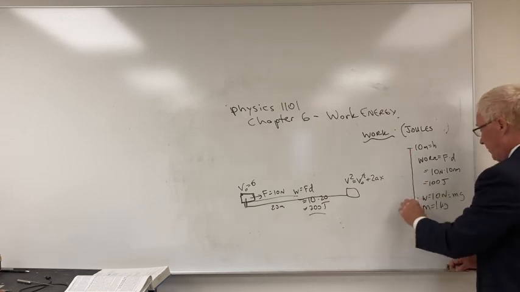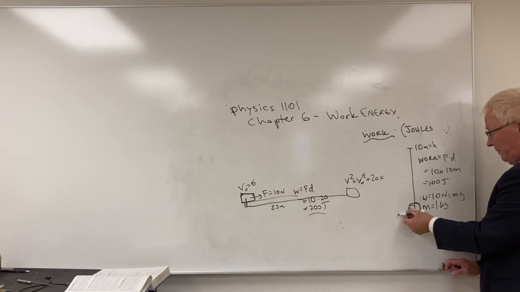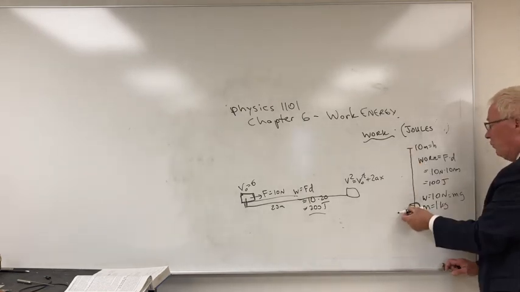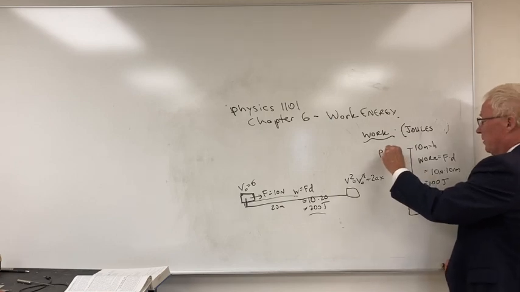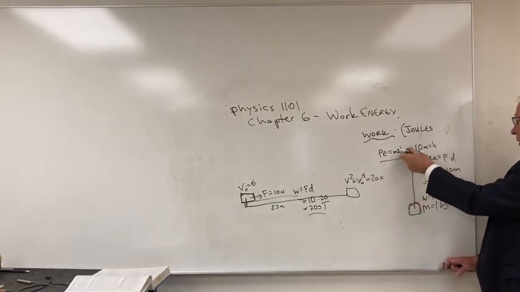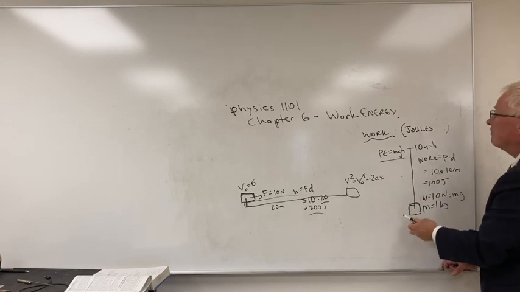So we're doing work on this block and converting that work into potential energy, which is given by mgh. If we raise a block a certain height, we give it potential energy.